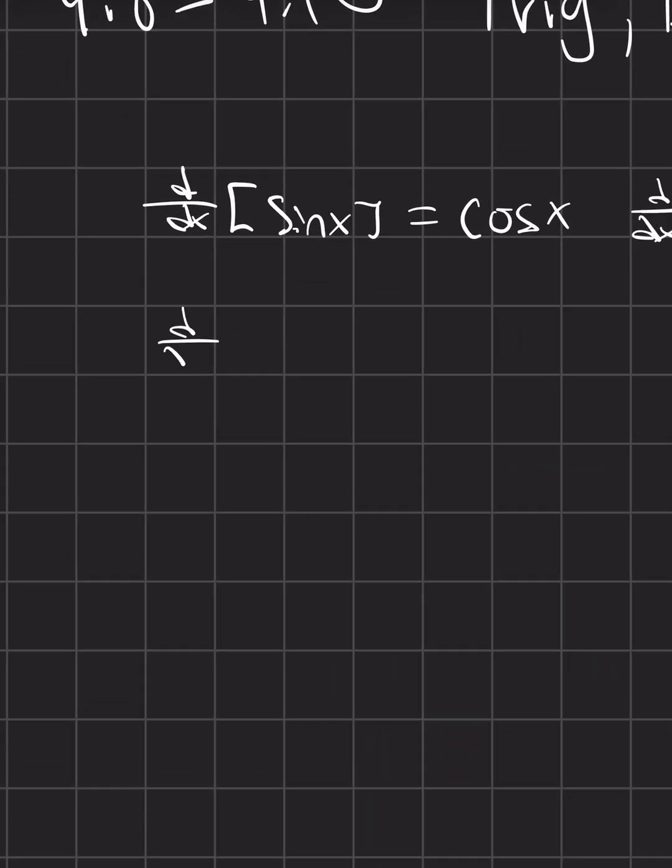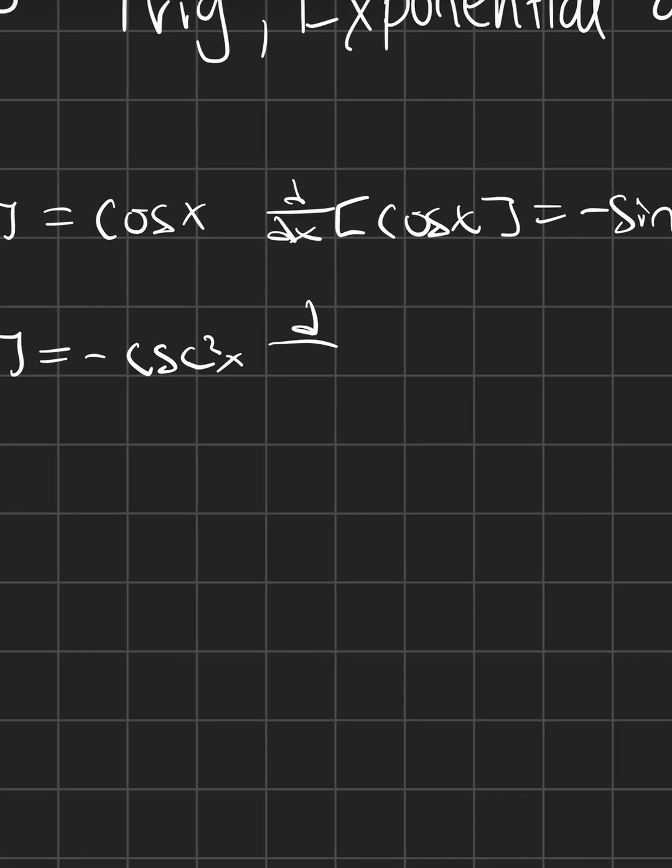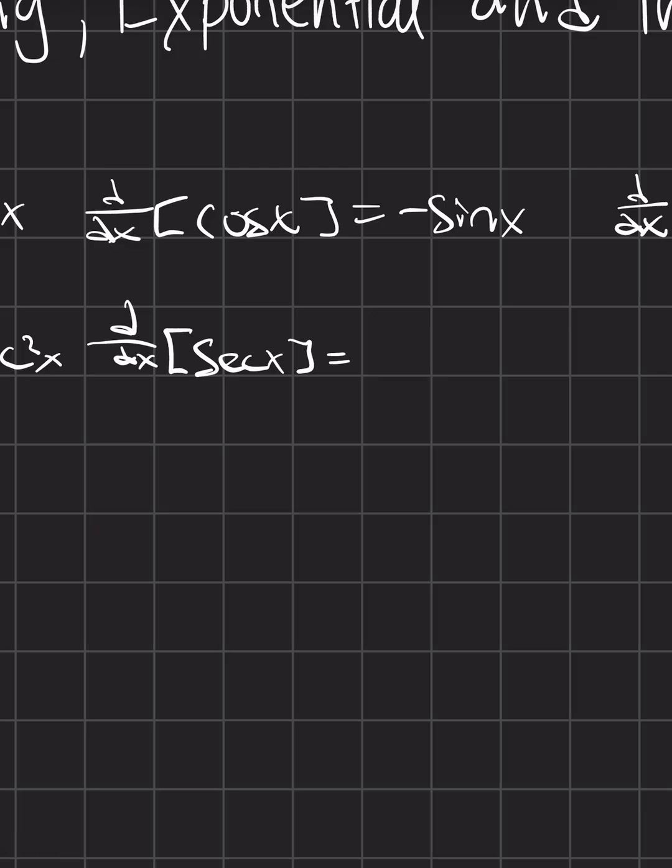Then the derivative of cotangent of x is going to be equal to negative cosecant squared x. And then the derivative of secant x is just going to be secant x times tangent of x.